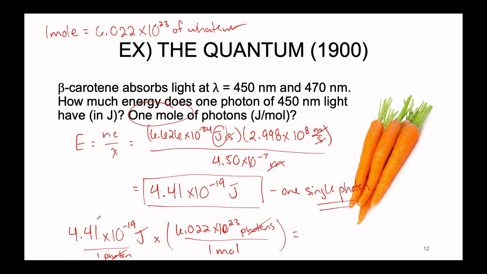So we're going to take the unit of energy we just found, multiply it by Avogadro's number, and this is going to give us a value of energy that is 2.6 times 10 to the 5 joules per every mole. Now, this is a unit of energy that is much more appreciable on the macroscopic scale. This is a unit of energy that we would be able to feel as thermal energy, or we would be able to see as visible light.